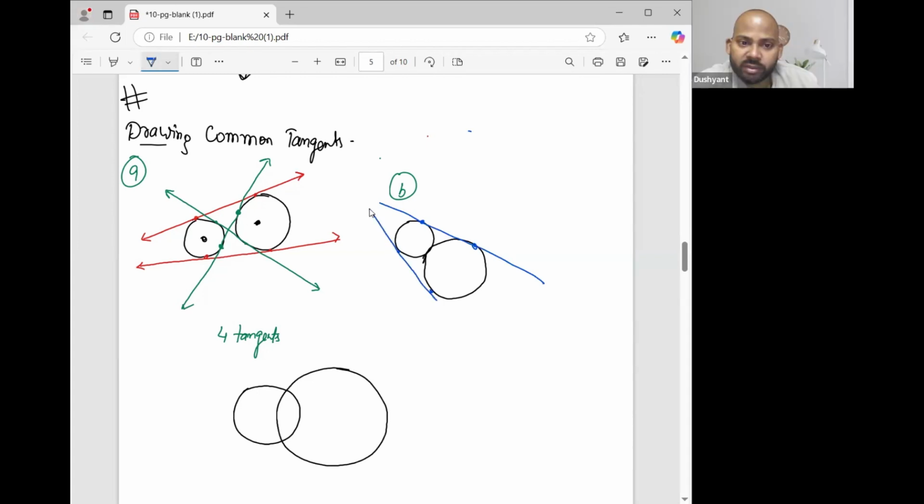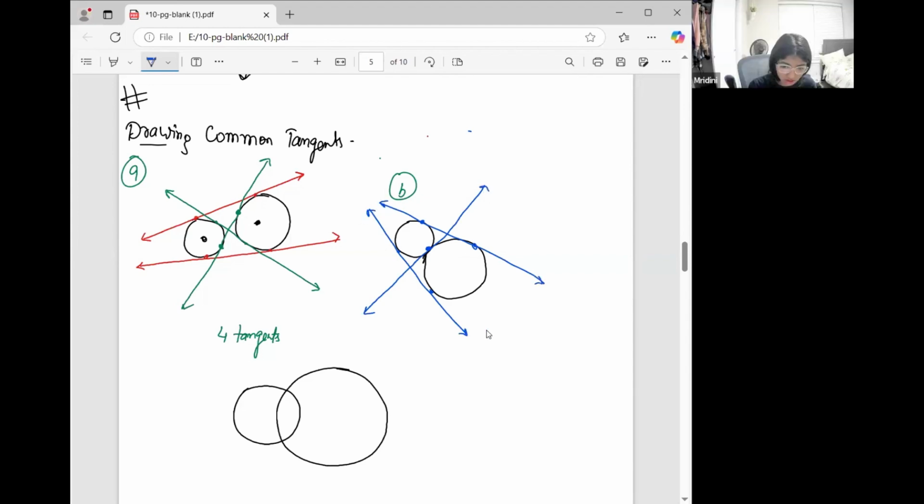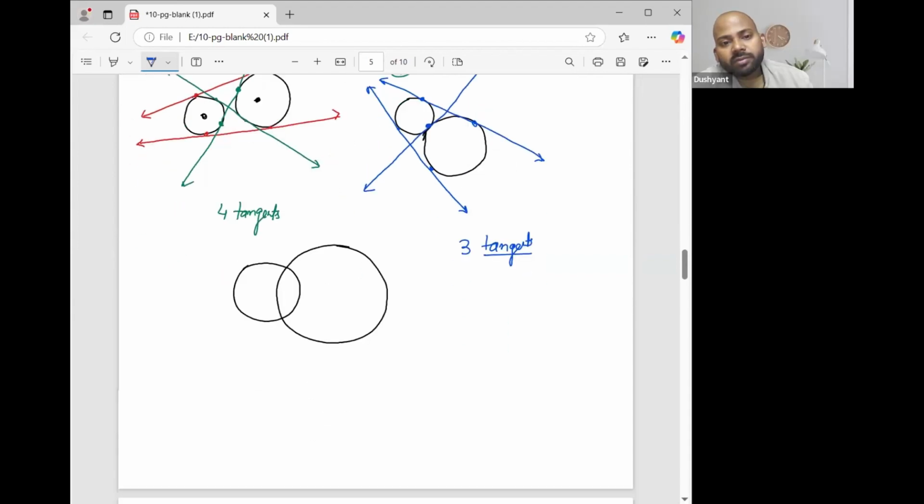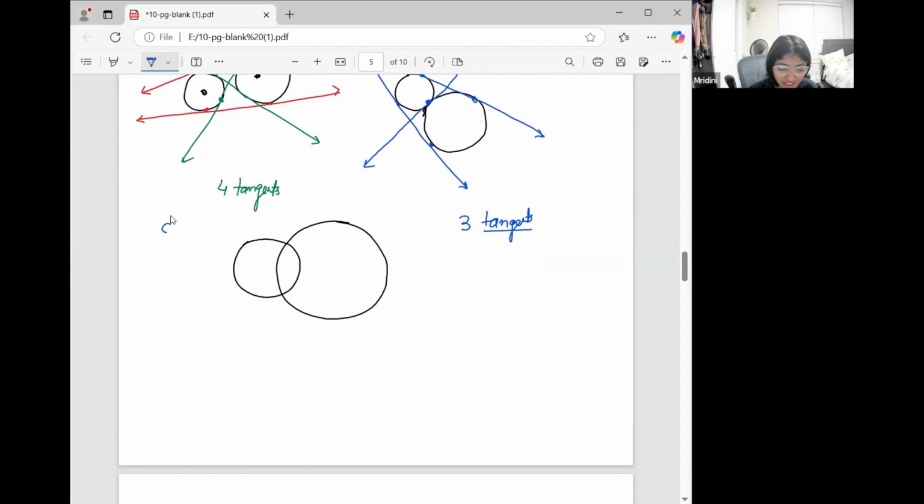And the third will pass through the center, right? Yeah, like this. Please don't forget to draw the arrows. I got 3 tangents here. The last one, that'll only be two tangents, right? Yes, perfect. So it's going to have 2 tangents only.